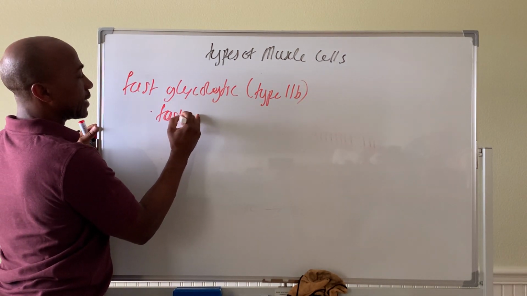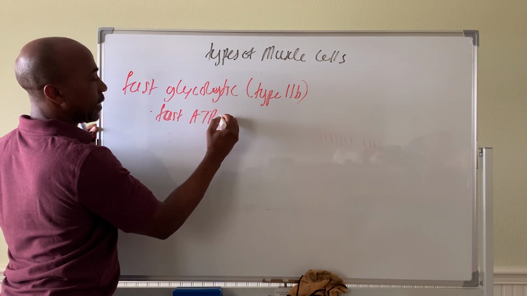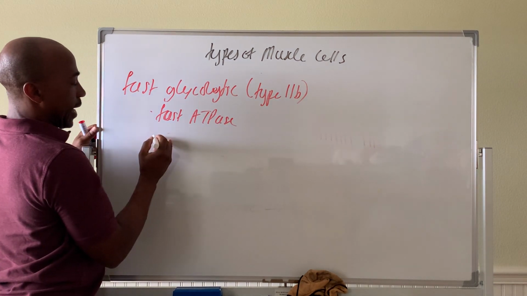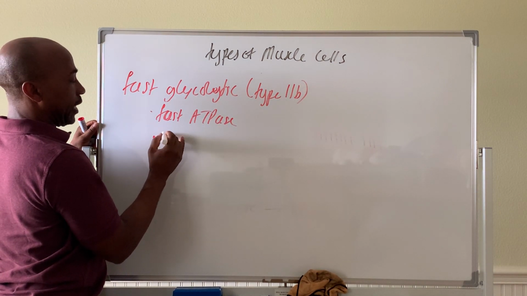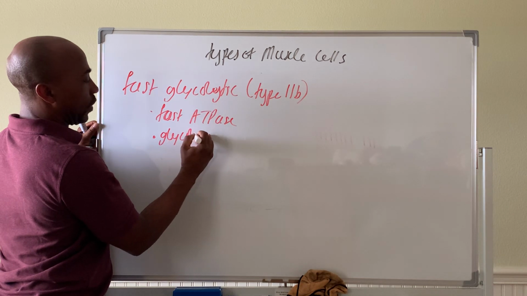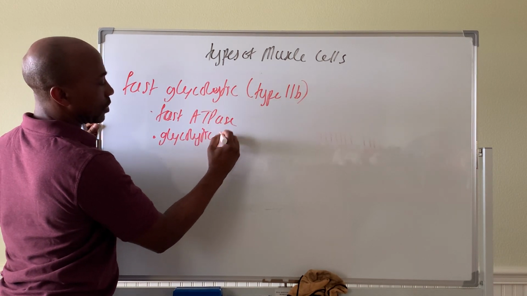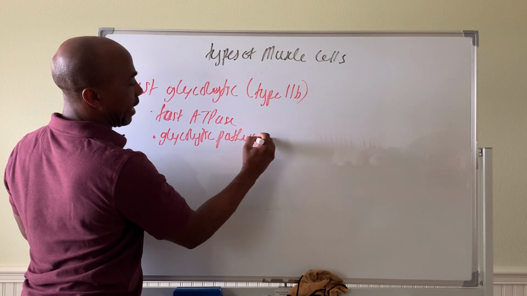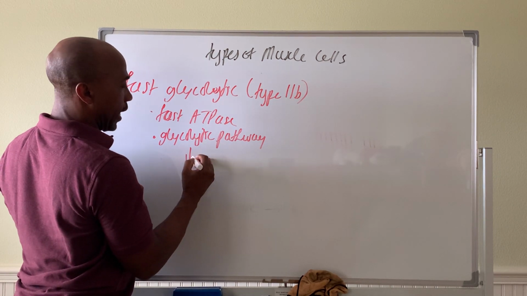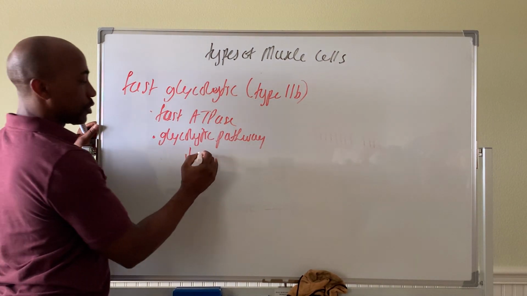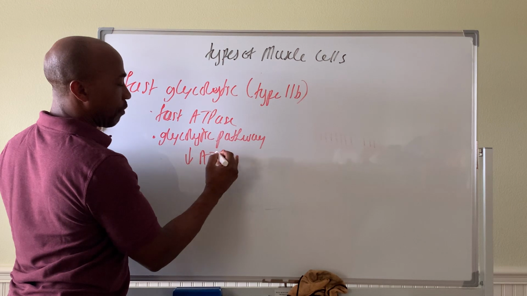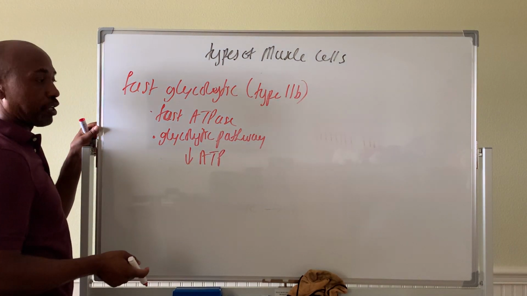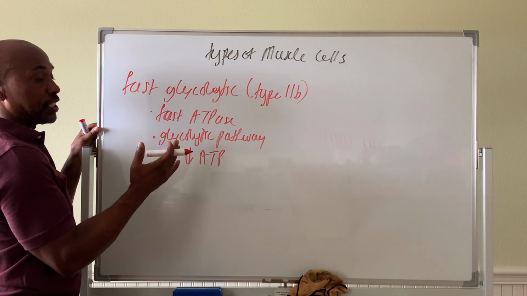These are fast ATPase, and they make ATP the glycolytic way. So the glycolytic path, which means they have low ATP levels, which means they will fatigue easily. So they're fast, but they fatigue quickly.